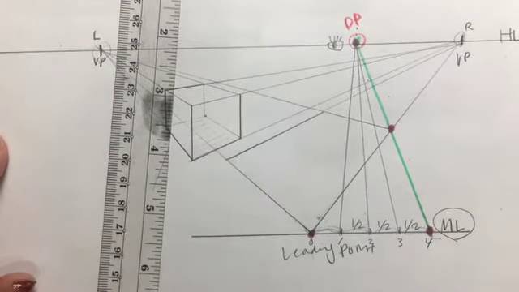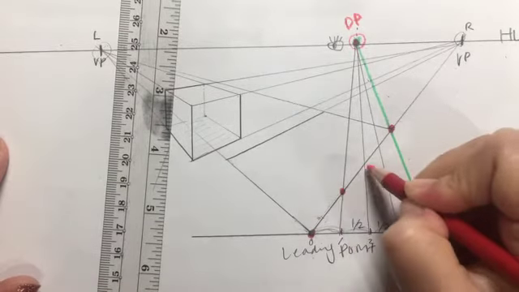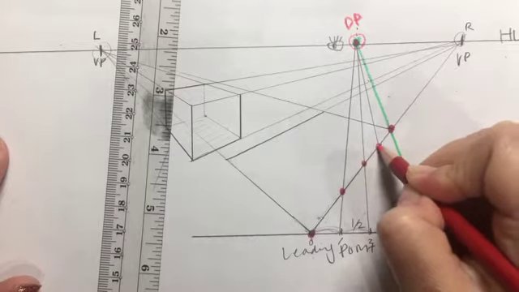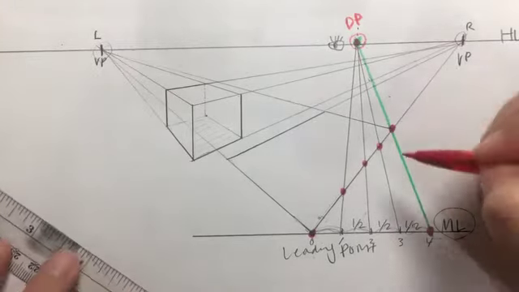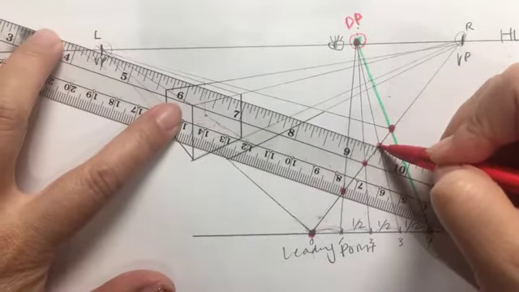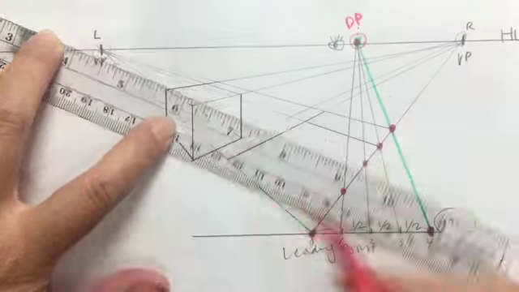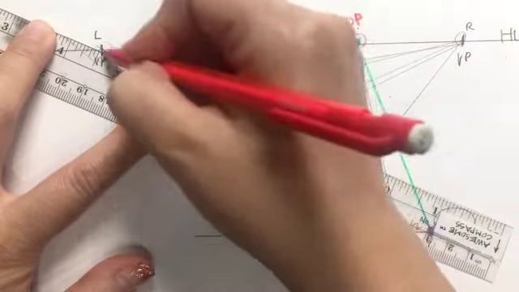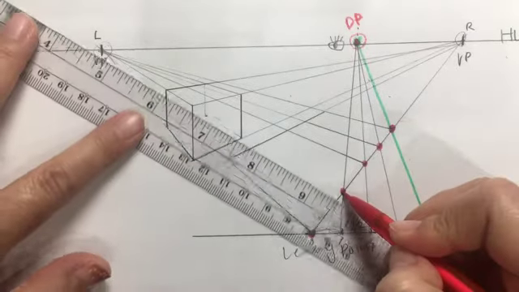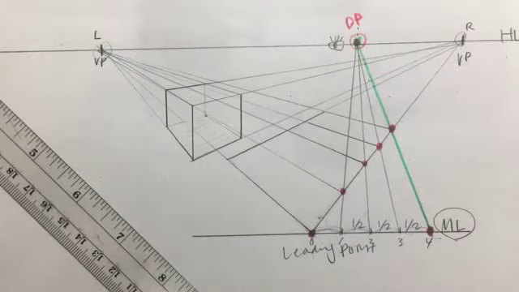Now, you see the lines are connecting again, right? Intersection, intersection, intersections here. So now what I need to do is to draw the line from the increments to the left vanishing point. From here to the left vanishing point, and from here to the left vanishing point, right?